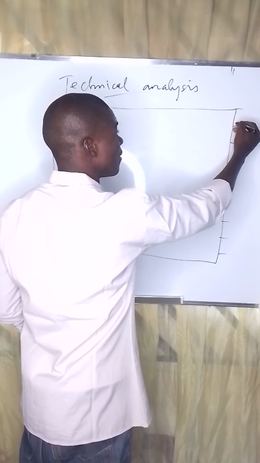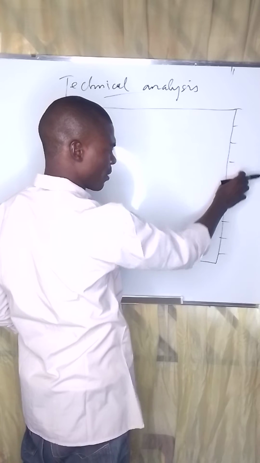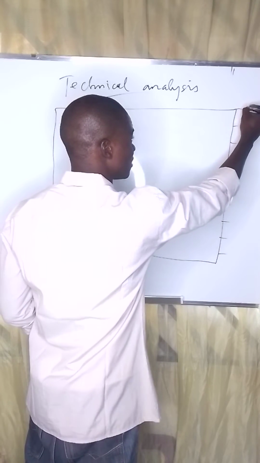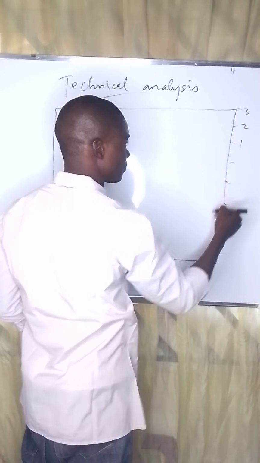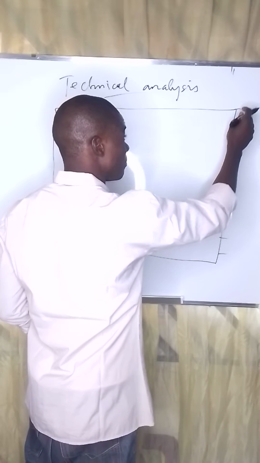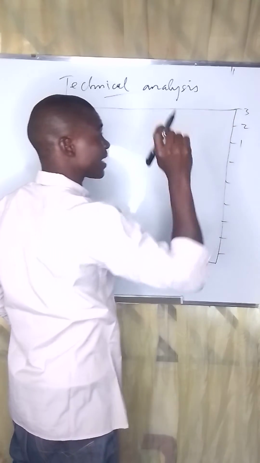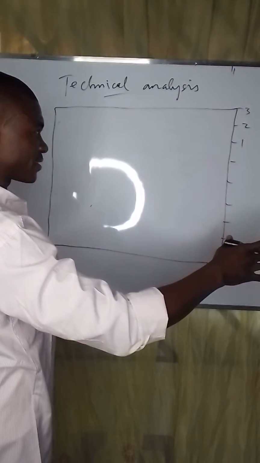For example, 3, 2, 1. The distance between 1 and 2 is exactly equal to the distance between 2 and 3. That is what you see by the right side.